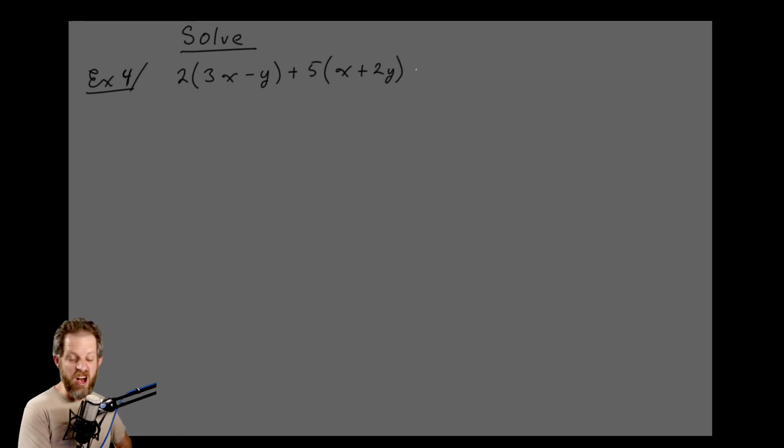And since it's solve, we have to have it equal something. So equals 2 times y plus 5 times x plus 5 times 2y.